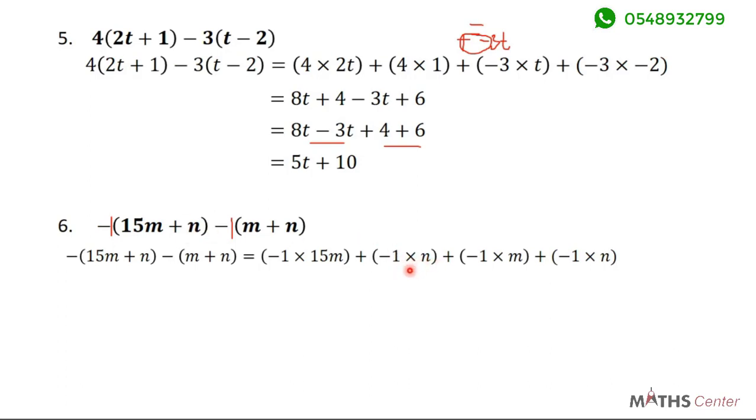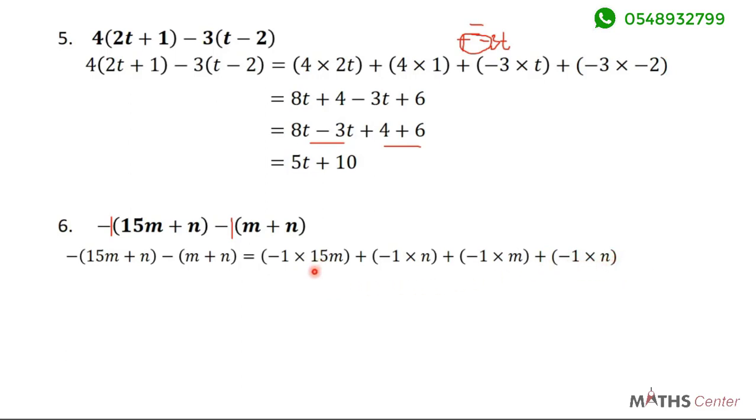Then we move on to the next section. Remember, since we've closed this bracket, we bring another addition sign. The next bracket, we have minus 1 times m. Then since we've closed this bracket, we bring another addition sign. Then we go on to the next one, minus 1 times n. Then we close the bracket.